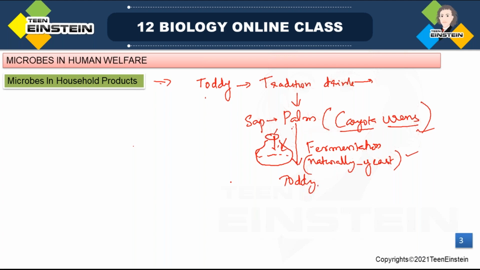Then another one is cheese. Another product is cheese. In cheese making, microbes are used. Microbes have a very good role in cheese making.